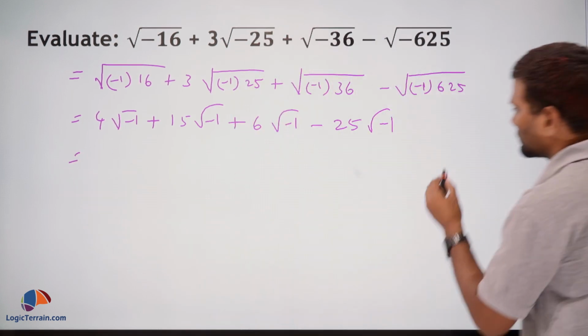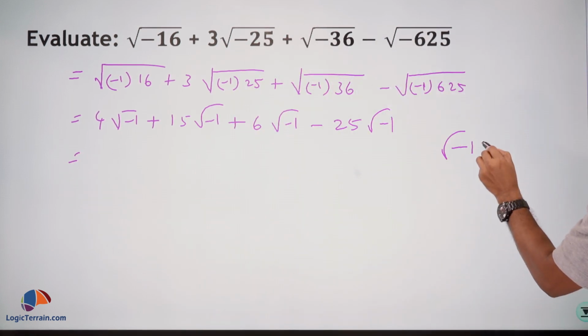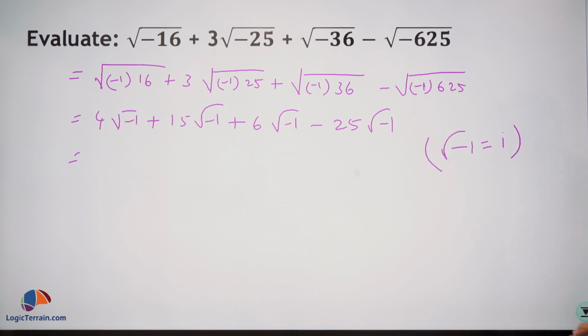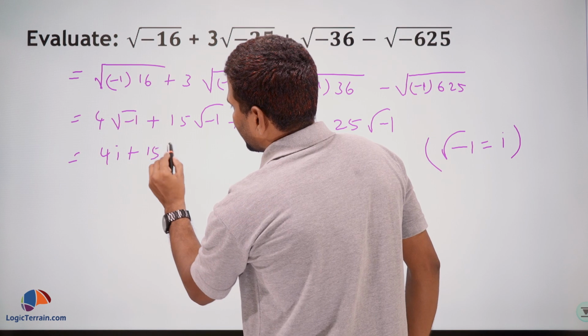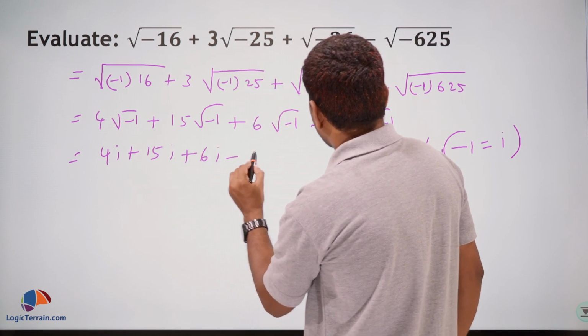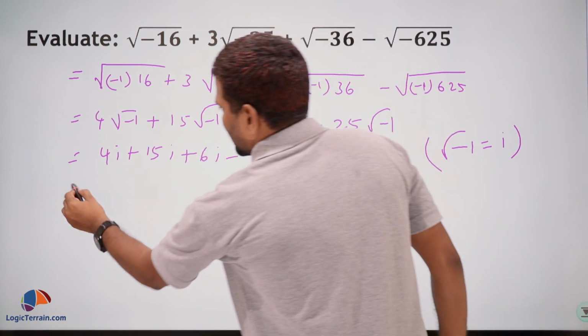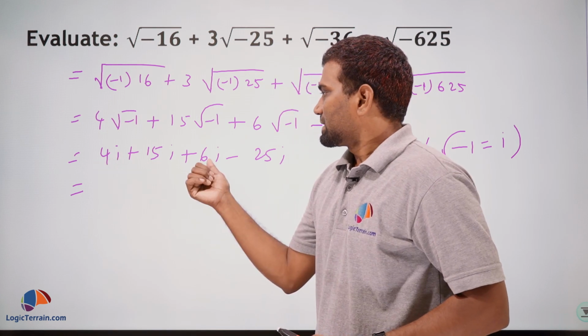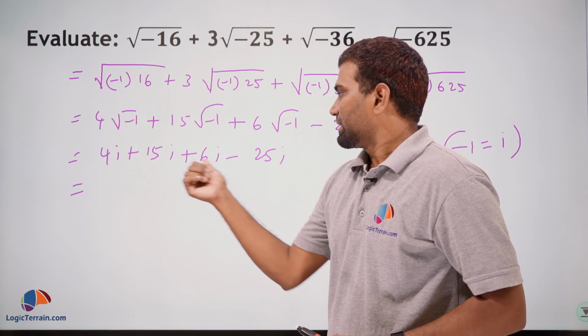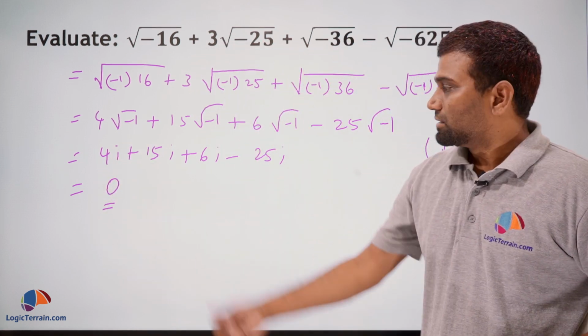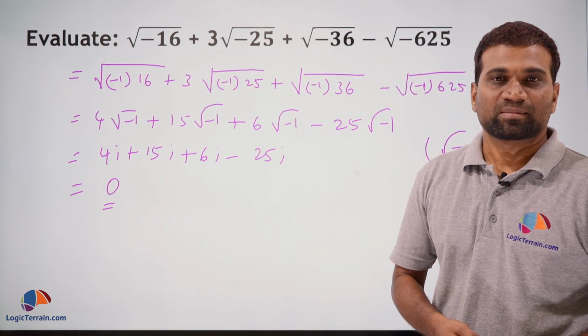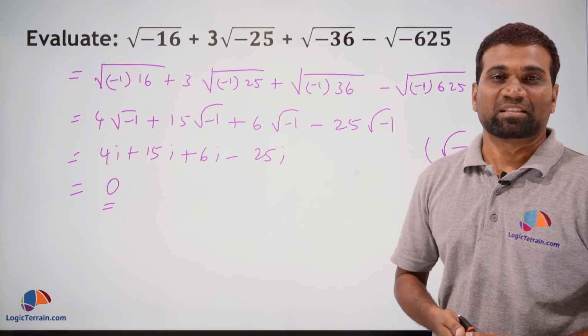Replacing square root negative 1 with i, this becomes 4i plus 15i plus 6i minus 25i. Further, 4 plus 6 is 10, 10 plus 15 is 25, 25i minus 25i is 0. So we got 0, that is the zero complex number.